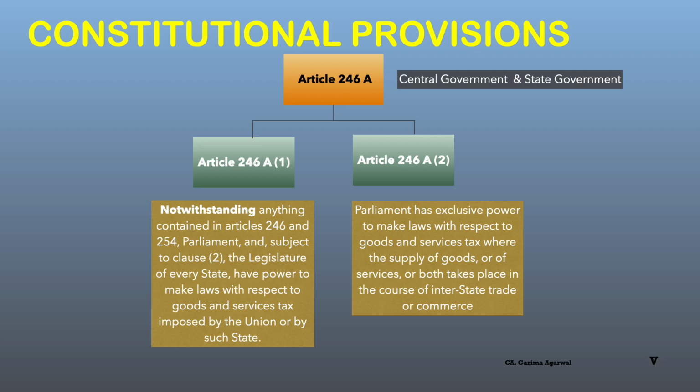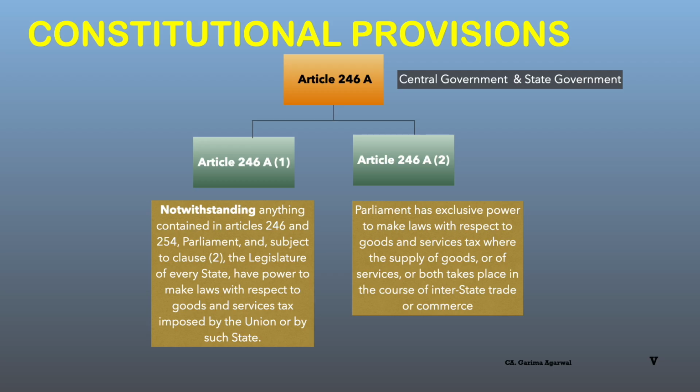Clause 1, that is, notwithstanding anything contained in Article 246 and 254, Parliament and, subject to Clause 2, the legislature of every state have power to make laws with respect to goods and service tax imposed by the Union or by such state. What does this mean?